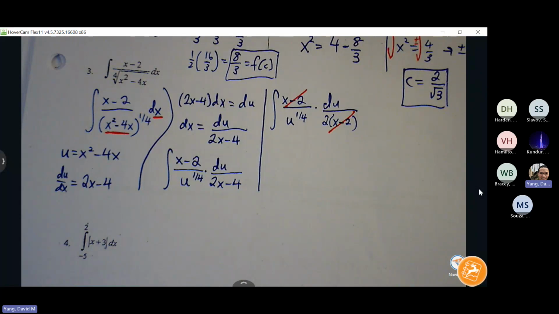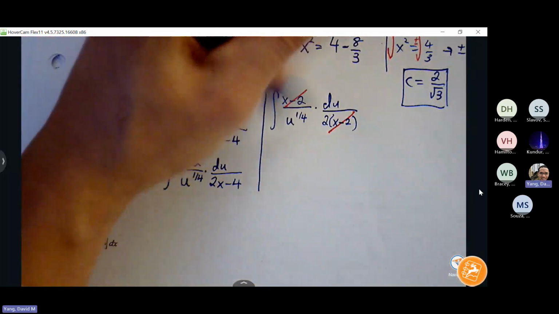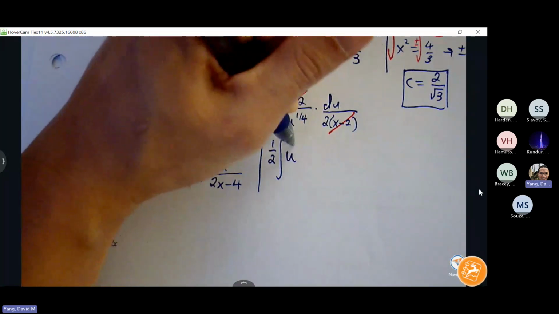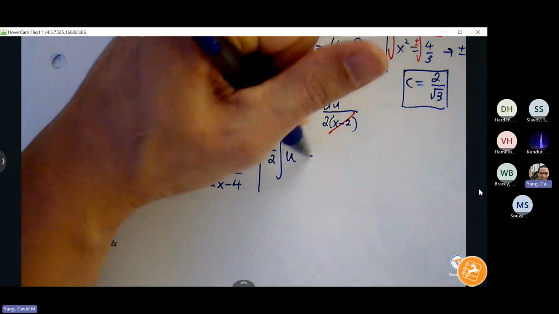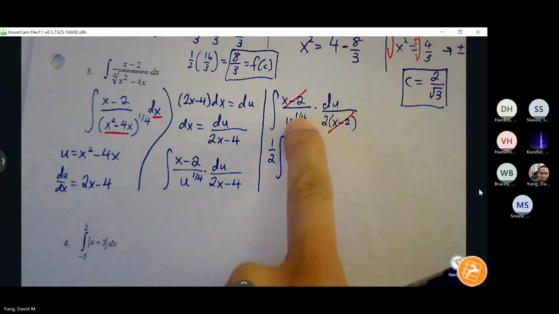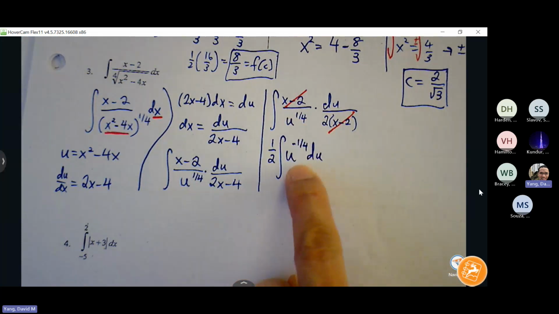It needs to be in the numerator before we can apply power rule. So I'm going to pull the 1/2 out, and I'm going to push that u up to the top, which is going to force my exponent to change. You're going to get a different answer if you did power rule here, which won't be correct. Power rule needs to be applied with the variable up top.